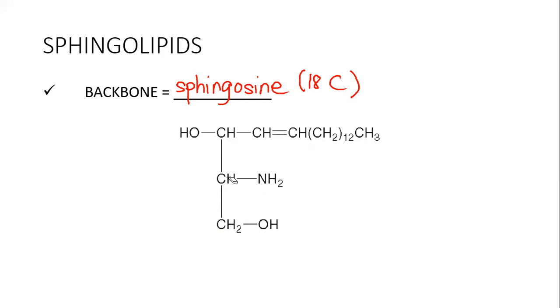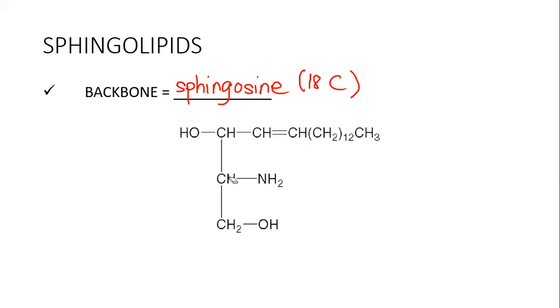Now class, ano yung mga posibleng modifications or changes na pwedeng mangyari sa sphingosine backbone, thus leading to the formation of different types of sphingolipids? So class, karamihan sa mga makikita nating structure is expressed in straight chain.